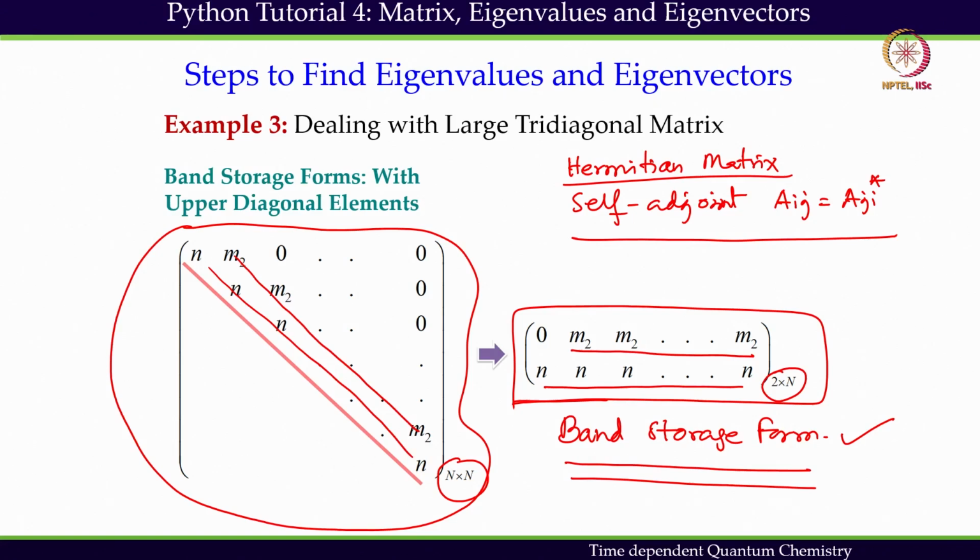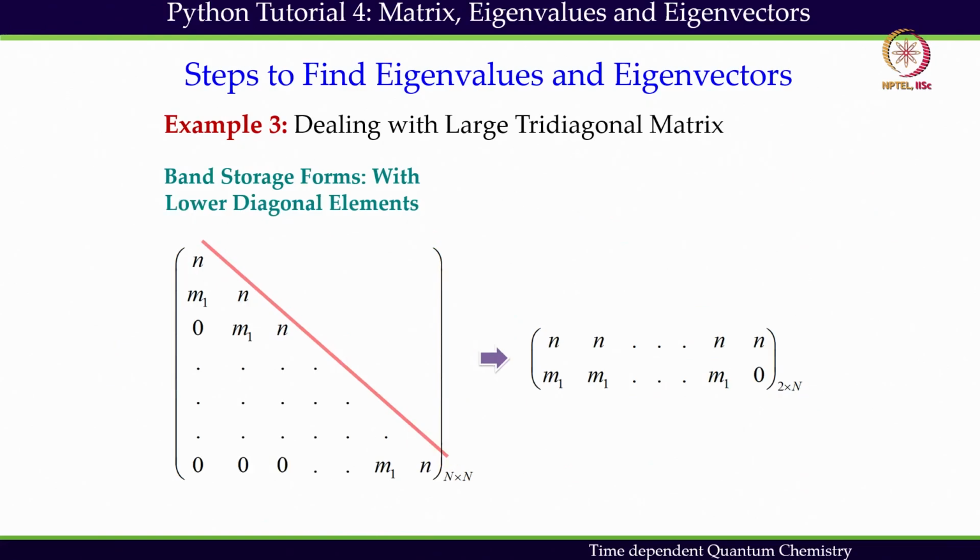On the contrary, one can also store with the help of lower diagonal elements, and in that case it is going to be the diagonal elements first, and then in the second row we will have the lower diagonal elements with 0 in the end. So, these are the two different representations of band storage form.